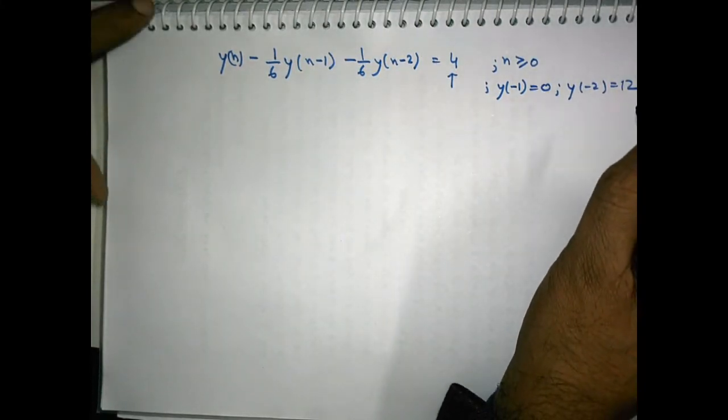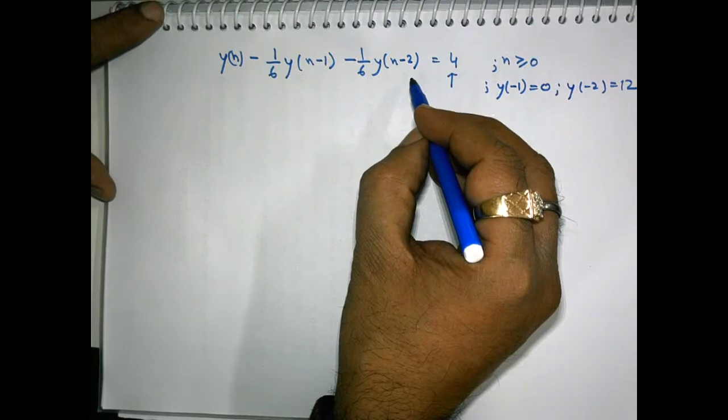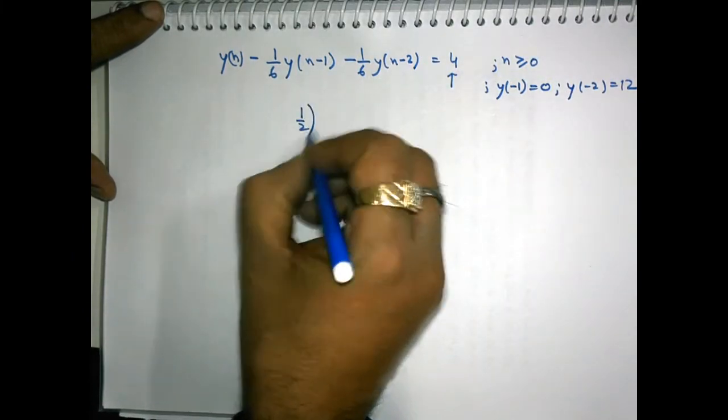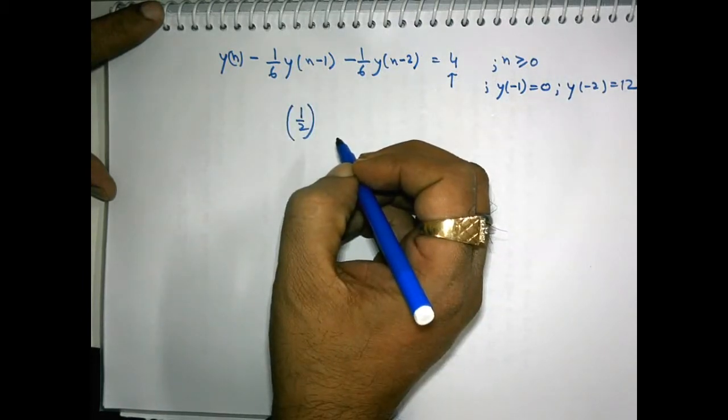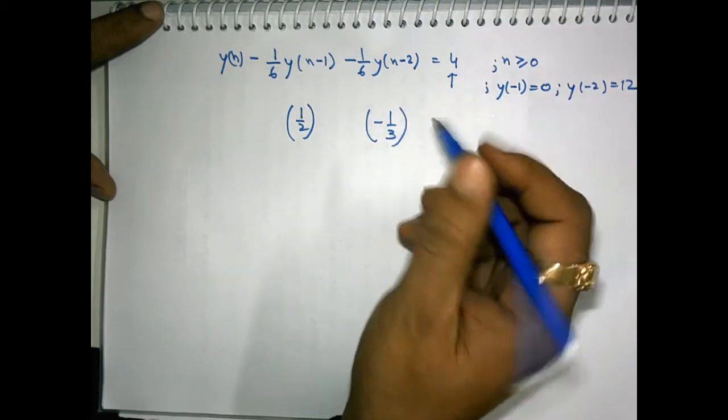So natural response, if you recall, all depends on the roots of the characteristic equation. Okay. And what were the roots? One of the roots was 1 by 2 and the other root was minus 1 by 3, if you recall the earlier problem. Okay.